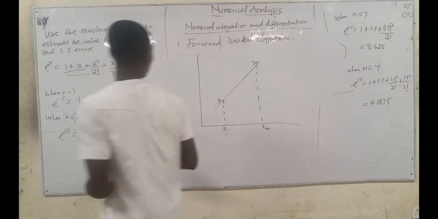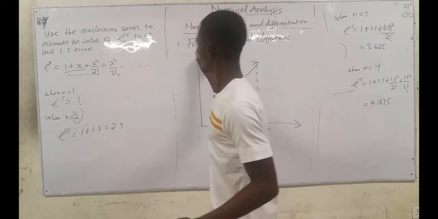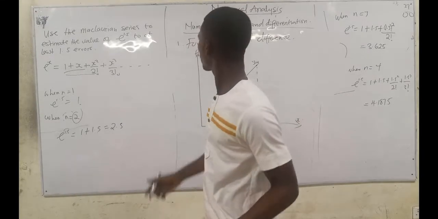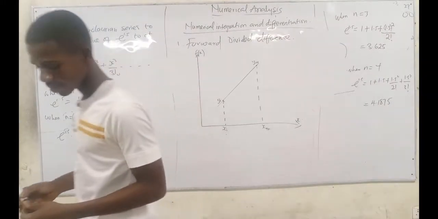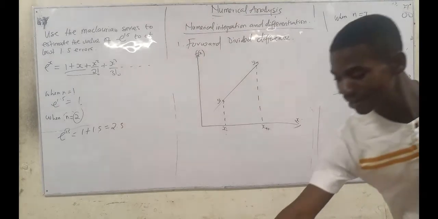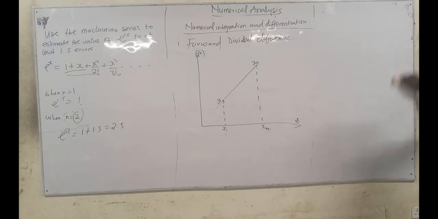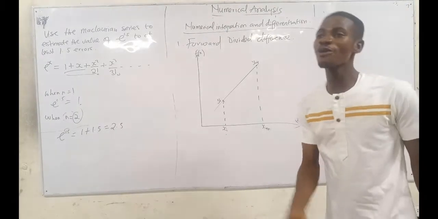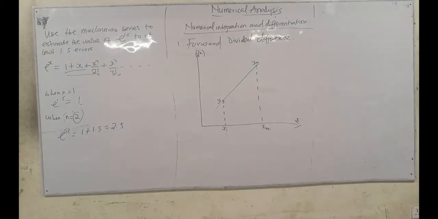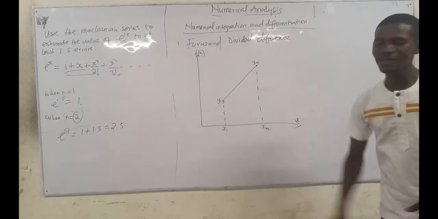If I write f of x the same as y, how do you find the gradient of this line? This one is called forward because the line is heading forward. The backward is like this, and the forward is going that way. So how do you calculate the slope?